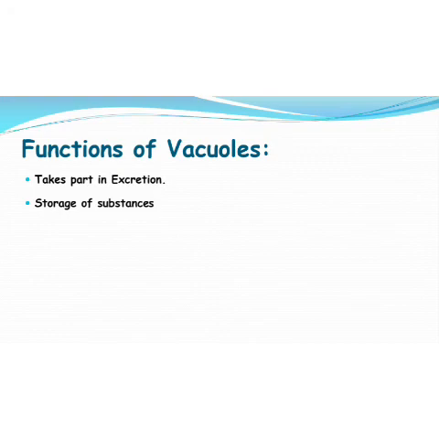Ions and minerals can be stored within vacuoles. It stores waste products because it helps in excretion. Excretion is removal of waste product, so the waste products are stored so that they can be excreted later on. Not only does it store waste products, it can also store food material.